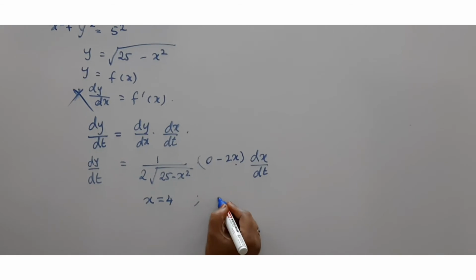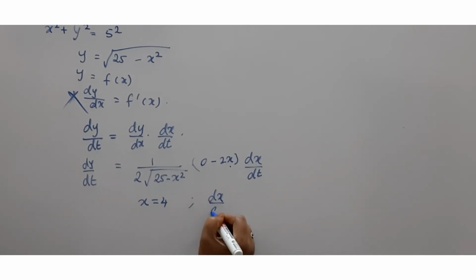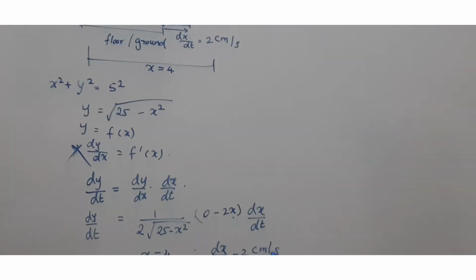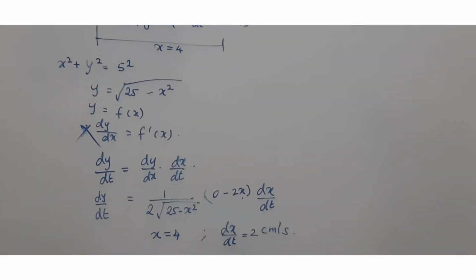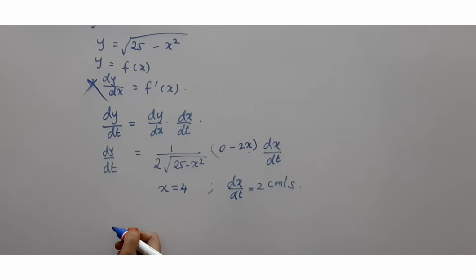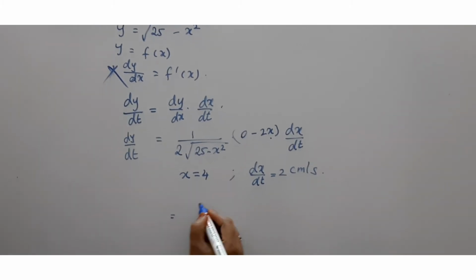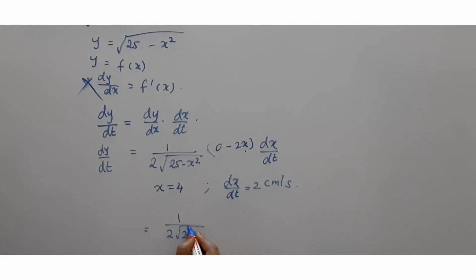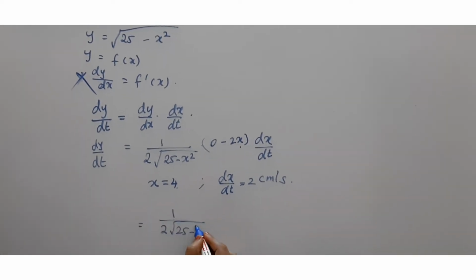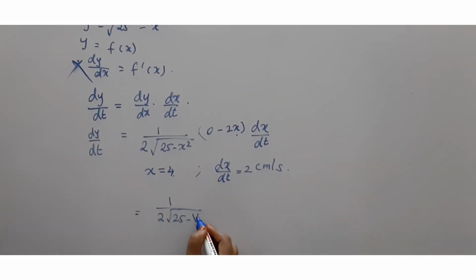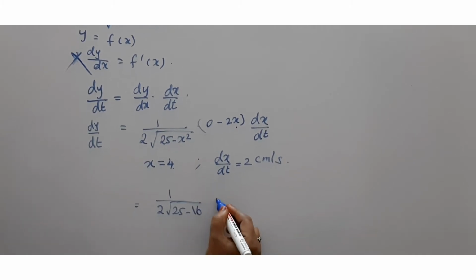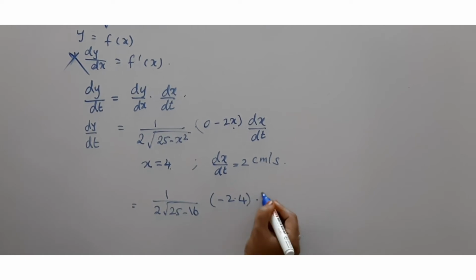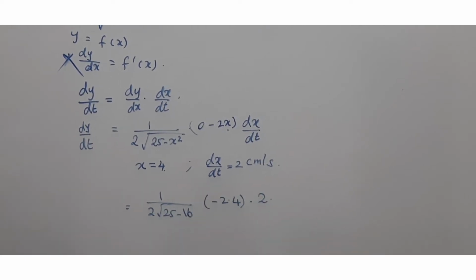Next, what are the known given values? dx by dt is 2 centimeter per second. Let us substitute the values. 1 by 2 into root of 25 minus the value of x, 4 square, that is 16, into minus 2 into 4 into 2.